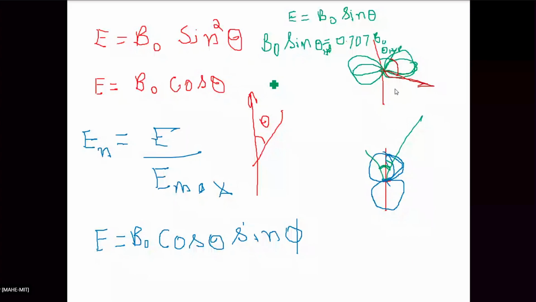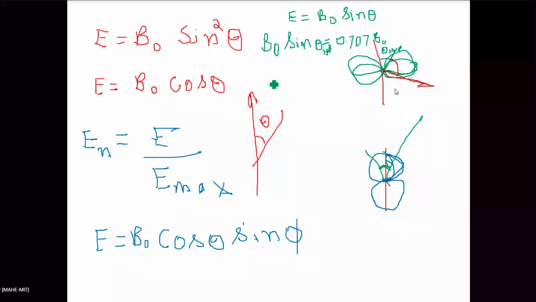Can you find the direction of maxima, the direction of null, theta HP and HPBW for sin square theta? The direction of maxima is the same, 90 degrees. The direction of null is also the same, 0 degrees.